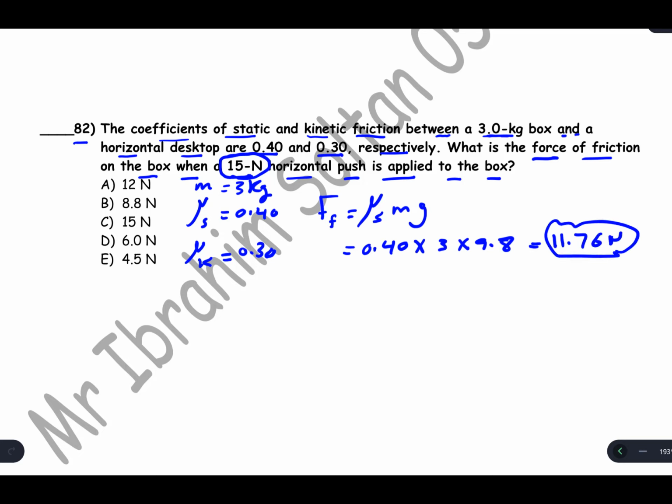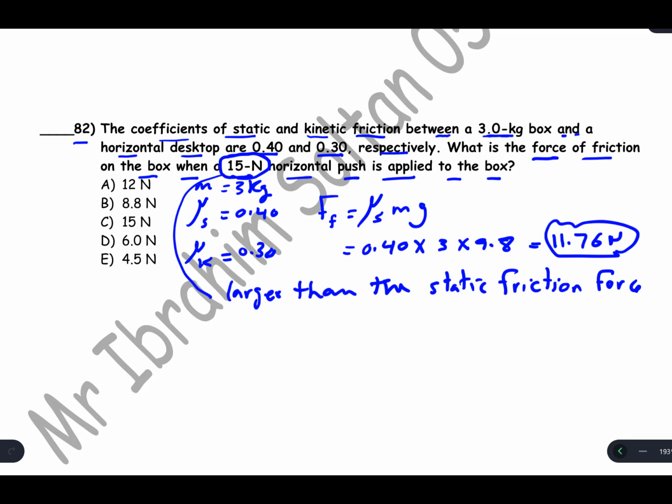You apply a force larger than the static friction force, right? So the box is moving now, right?